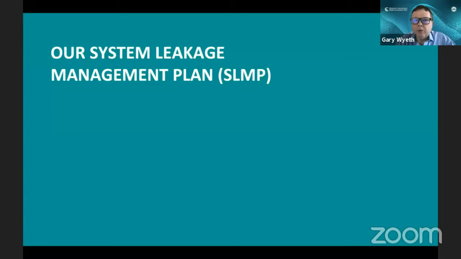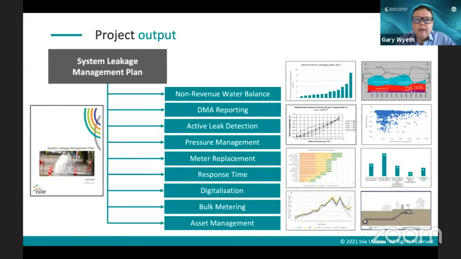Now, what I'm going to be talking about today is the development of a system leakage management plan. This is something that we at IL have been working on over the last few months, and we've actually implemented a couple as well. It's all about managing your leakage. Here in Southeast Asia, or definitely Malaysia, we tend to call it a holistic plan.